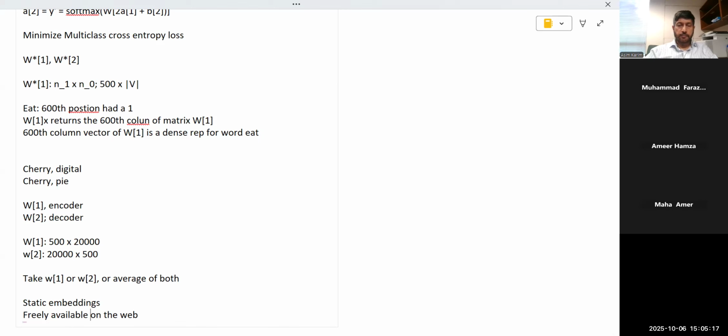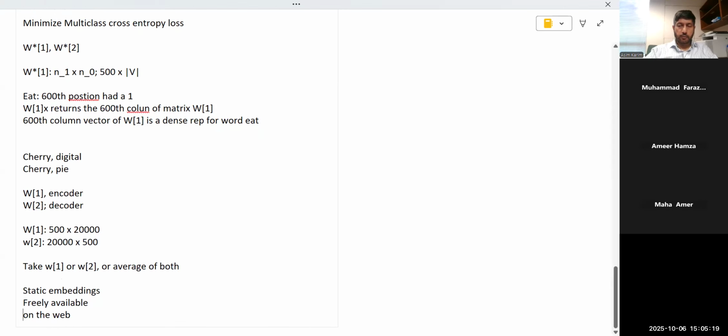So as maybe your homework, you can search for embeddings for English, which is very common, but maybe for specific domains.